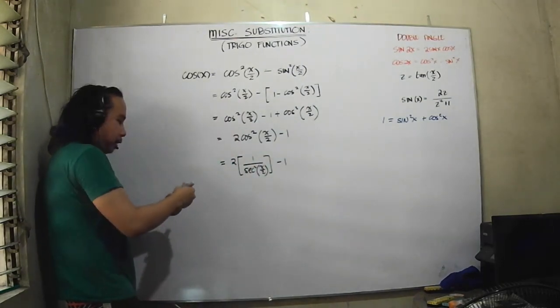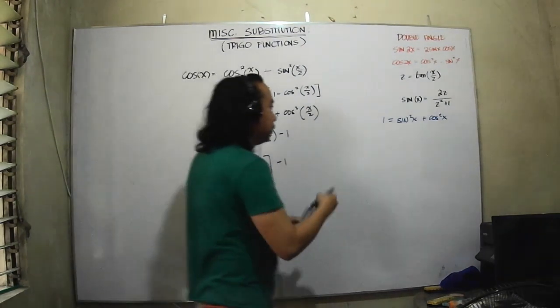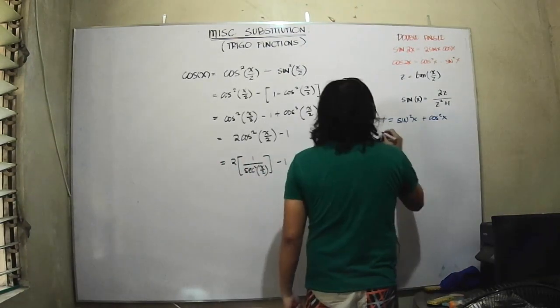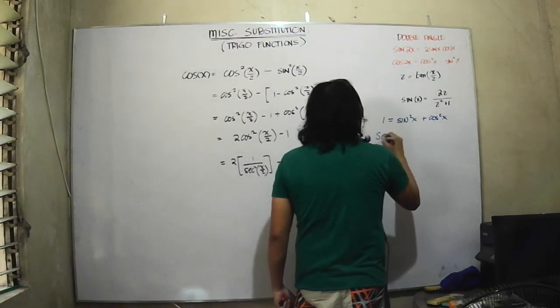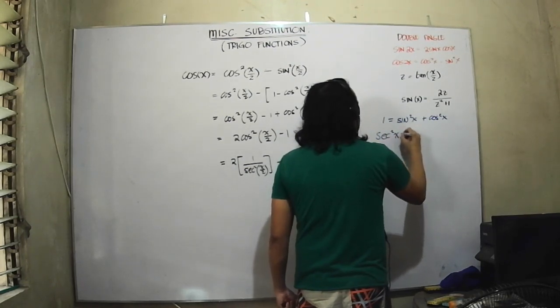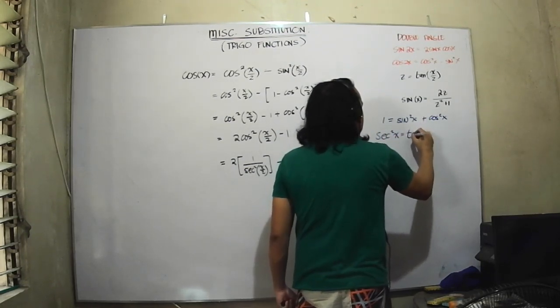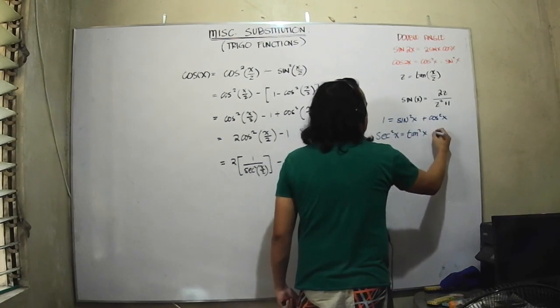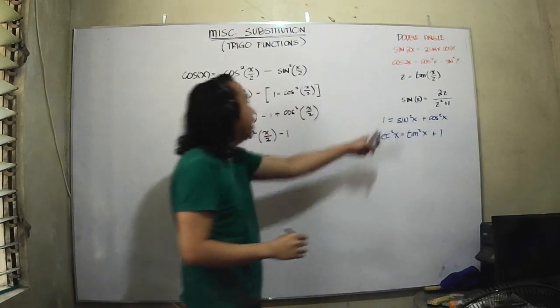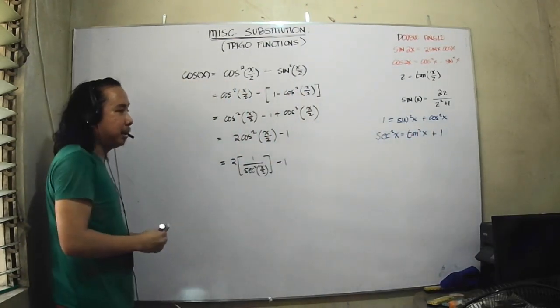But you still have to realize that if I divide everything by cosine squared, I can say secant squared x is equal to tangent squared x plus 1. Divide everything by cosine, that's how I get that expression.